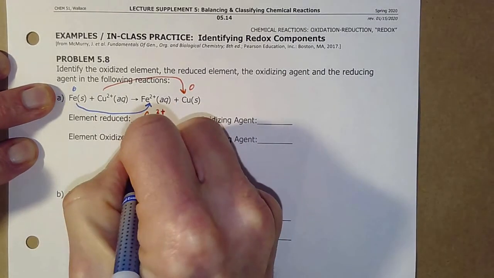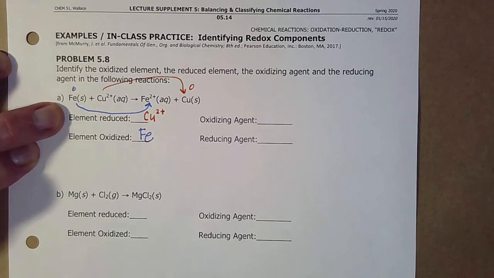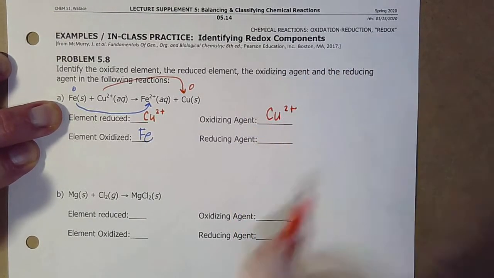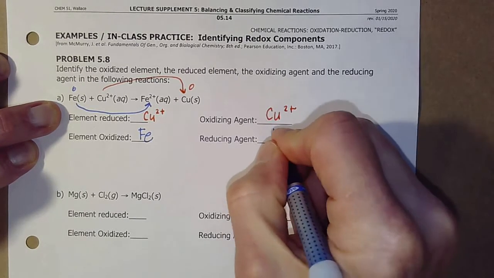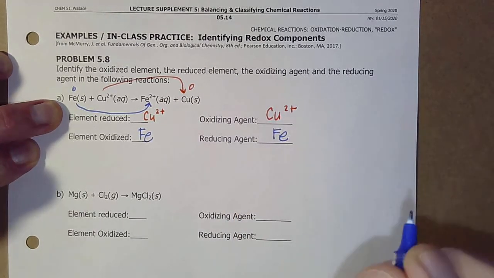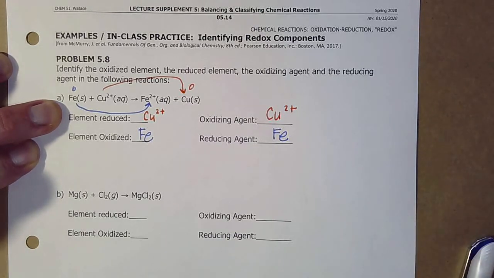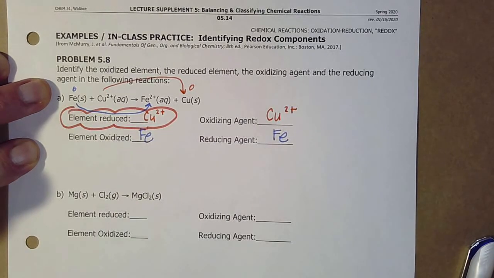What was oxidized was iron. Well, if copper 2 plus got reduced, it must have oxidized the other guy. If iron got oxidized, it must have reduced the other guy. And I always start again: if I start with this, I can figure everything else out.